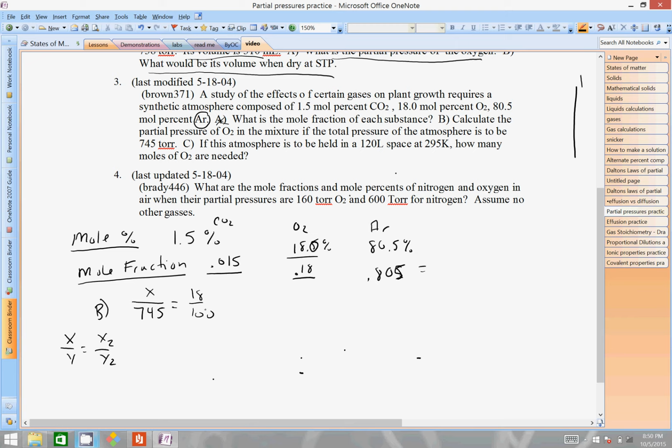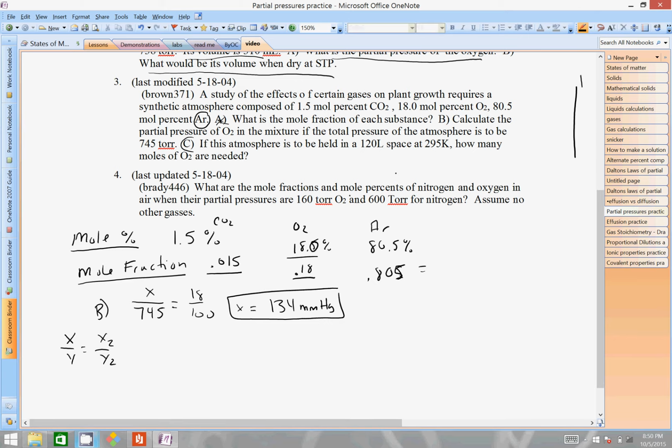Cross multiply and divide: 18 times 745 divided by 100 gives me X, so the partial pressure is 134 millimeters of Hg. Of course, there are other mathematical ways to do it. We could take the 0.18, which is the mole fraction, and multiply that times the total. Same thing.